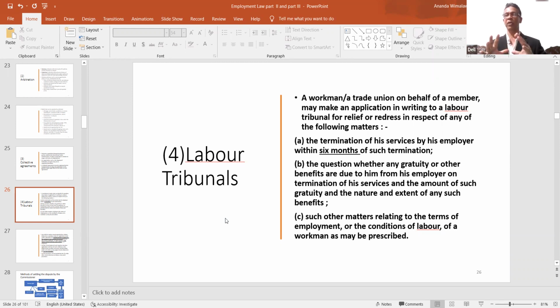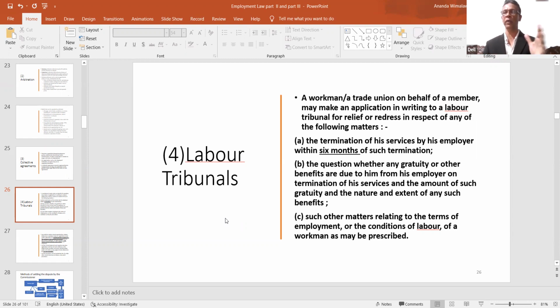Legislation is being amended, enabling the Labor Department to file all cases with the Labor Tribunals. If there is no Labor Tribunal in that particular area, then it will be filed with the magistrate court.